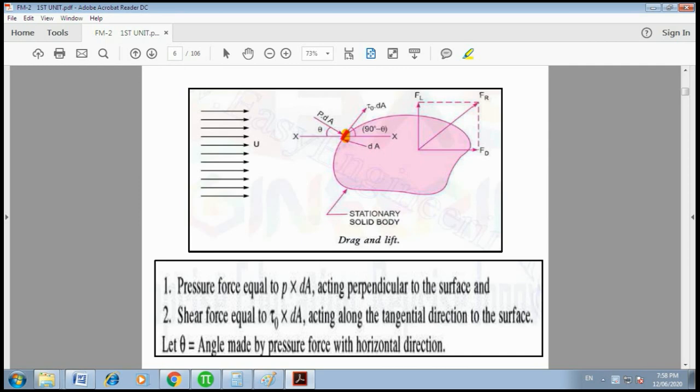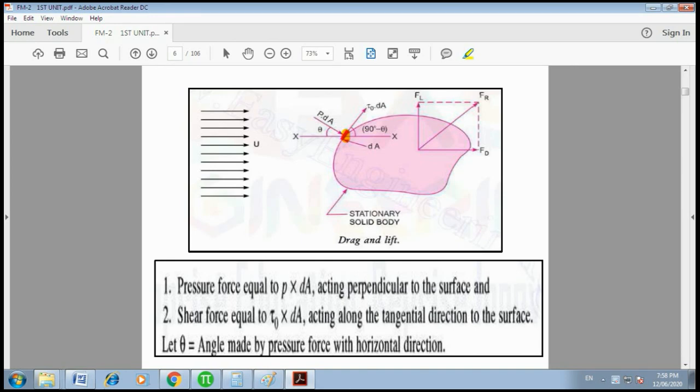Pressure is nothing but force upon area, or load upon area. Pressure force means pressure intensity into area, that is P into dA, which acts perpendicular to the surface of this small elemental area. There are two forces acting on this small elemental area. The first is the pressure force and the second is the tangential force, that is, the shear force.